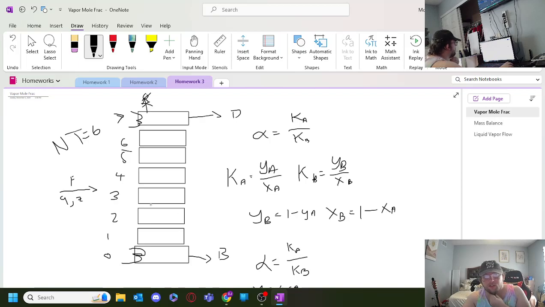Now remember what I said earlier about the vapor flow rate having an additional component here based on our Q from the feed. So that means the flow rate down here is going to be the rectifying vapor flow rate minus that component here.